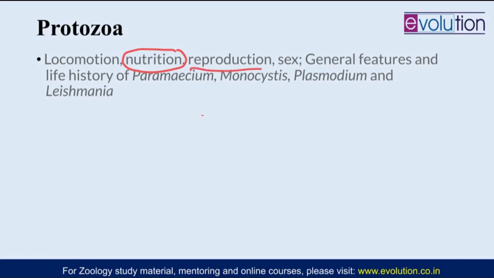Under reproduction, the main two categories are asexual and sexual reproduction. Under asexual, you further have to describe fission, which can be transverse, longitudinal or oblique fission, then gemmation or spore formation, budding or regeneration. All these categories you have to describe with examples.